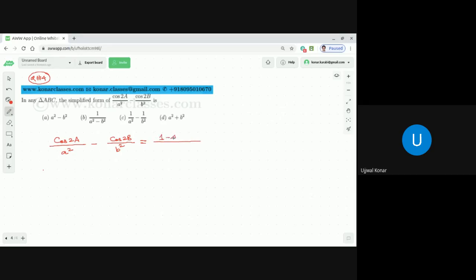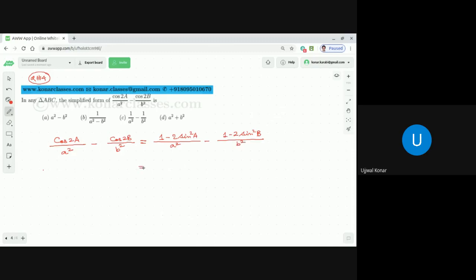Cos 2A is 1 minus 2 sine square A. Correct or not? 1 minus 2 sine square A by a square minus 1 minus 2 sine square B by b square.